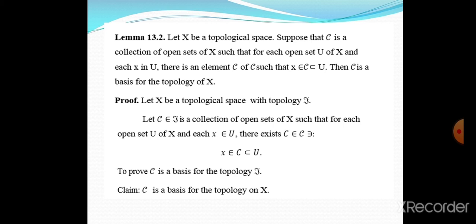To prove script C is a basis for the topology, you have to prove script C is a basis.